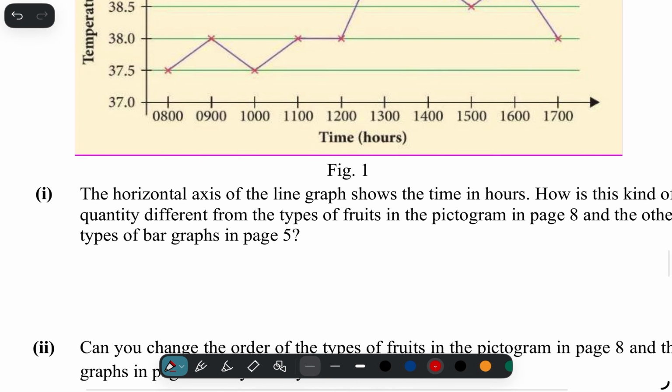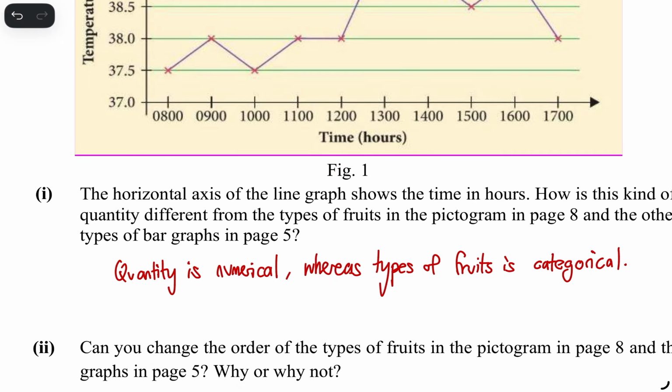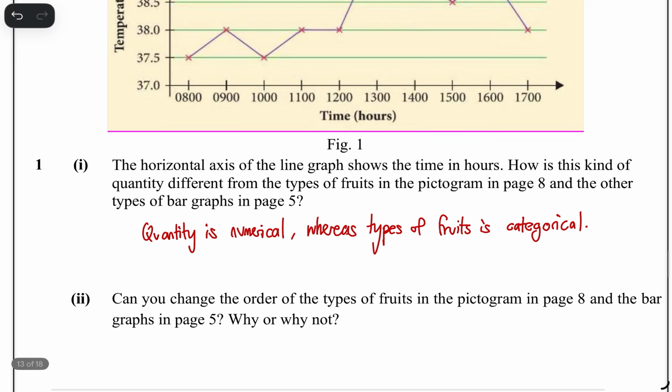Quantity is numerical, whereas the type of fruits in the pictogram is categorical, meaning that it's sorted by categories. All the numbers over here are numerical. You can see the numbers very clearly in the line graph.